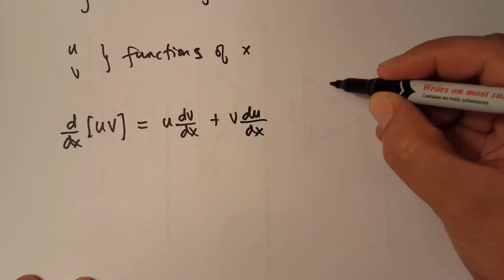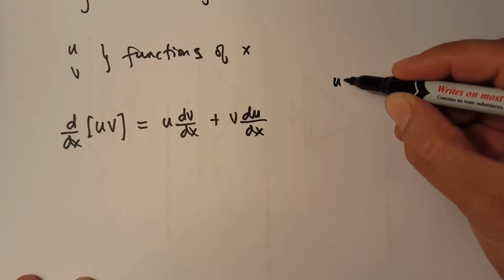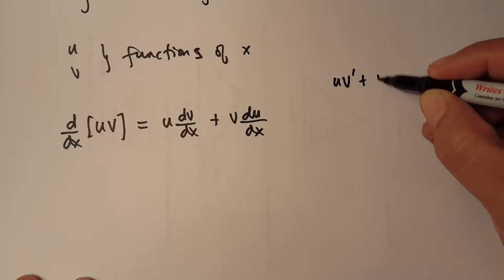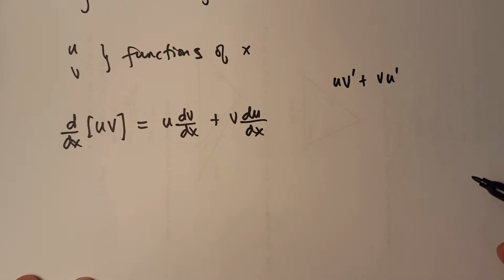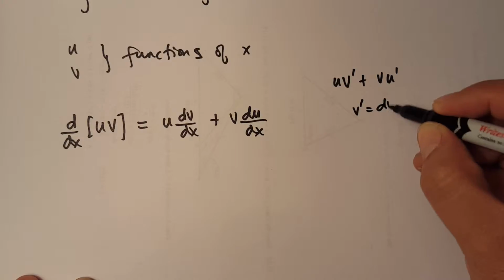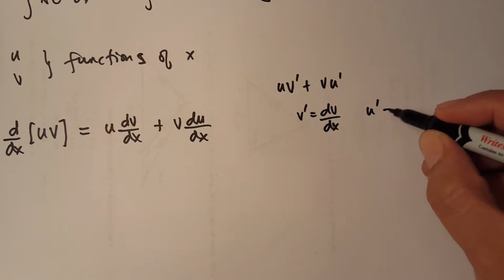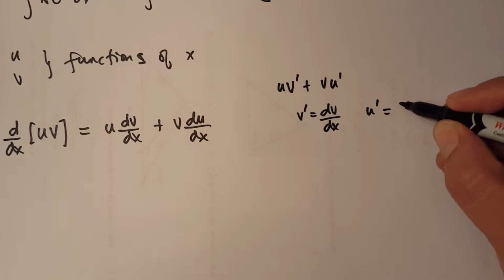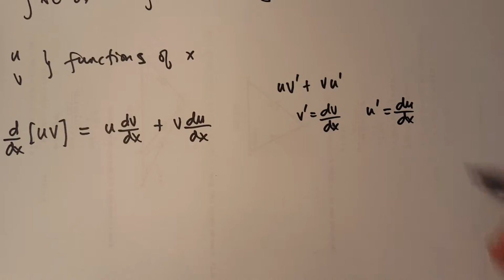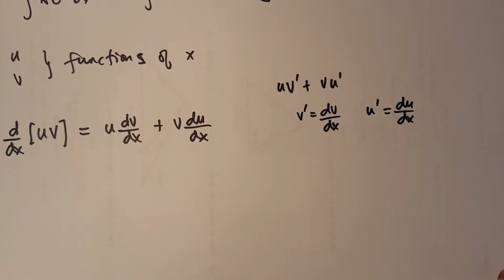Now note that you're probably familiar with the notation u v prime plus v u prime. It's just a matter of notation. We know that v prime is the same as dv over dx, and u prime means du over dx, so the derivative is with respect to x.